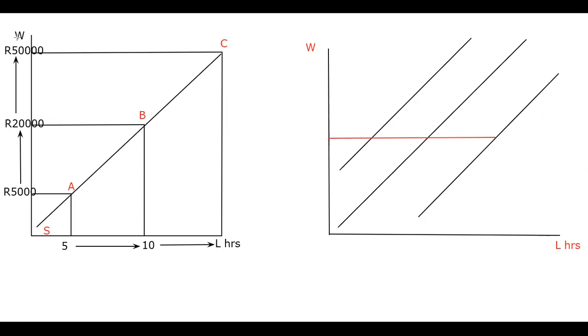So on a shift, why do we have this straight line here? Because our wage is the same. The wage rate is the same. That's why we are saying that shifts are caused by any other factors, not the wage rate.